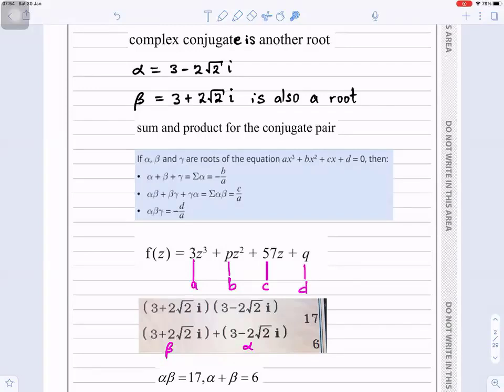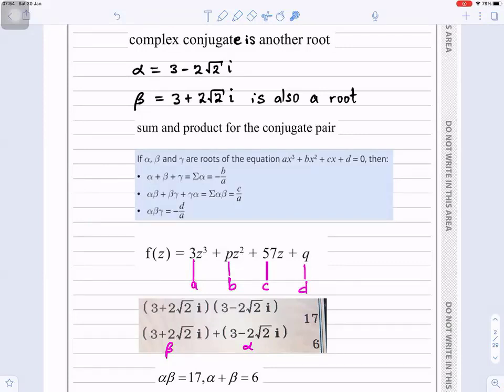Now we need to find the sum and product for the conjugate pair. If you multiply alpha and beta, you will get 17, and you can do that with your calculator.